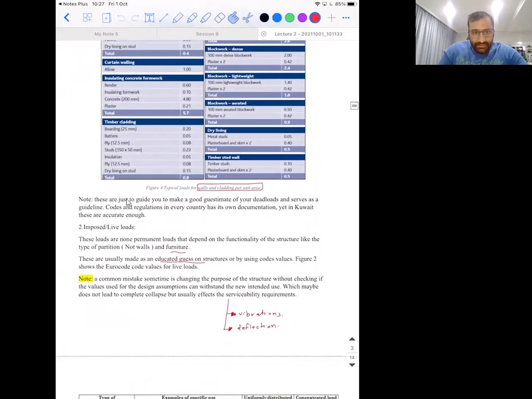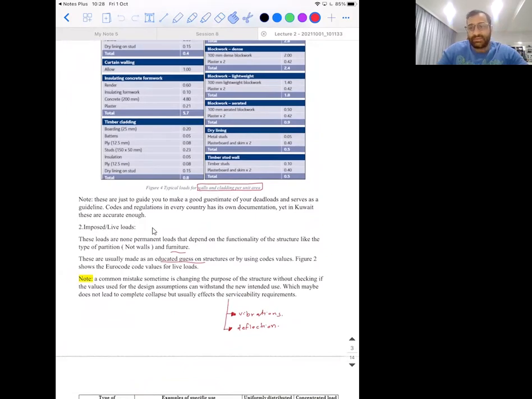Note that these are just to guide you to make sure that you have a good estimate of your dead loads, and they serve as a guideline. Codes and regulations in every country have their own documentation, yet بالكويت احنا عندنا this is accurate enough. Just use these عادي, no problem.